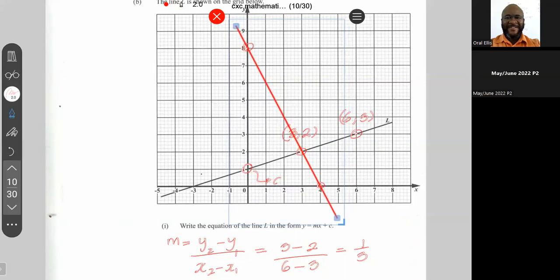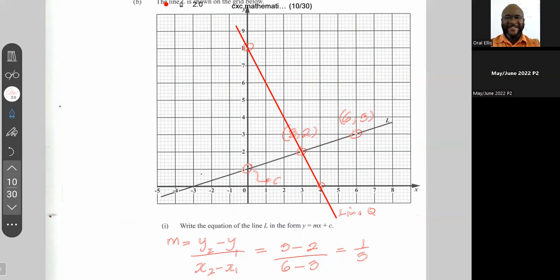All right. And so this is the line Q, which is the line y is equal to minus 2x plus 8.